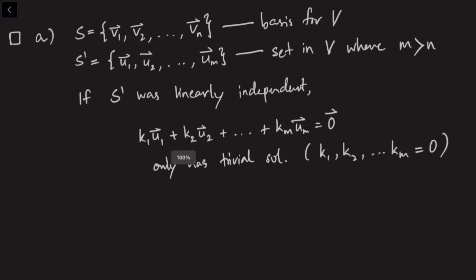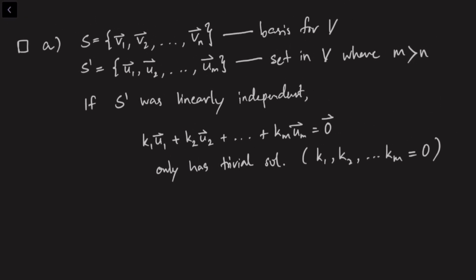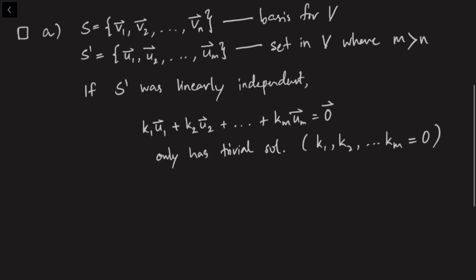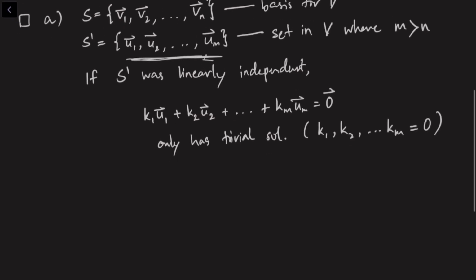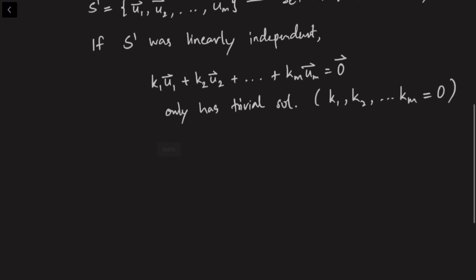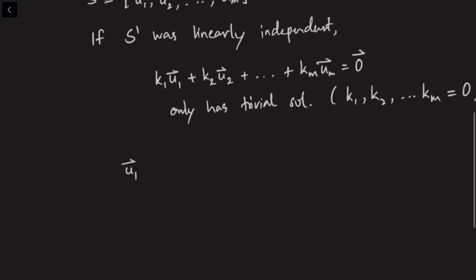So what we can do now is that since S is the basis for V and S prime is a set in V, we can write all the vectors in S prime as a linear combination of vectors in S. So we have u1 first, and it will have some coefficient c11 v1 plus c21 v2 plus all the way up to cn1 vn.